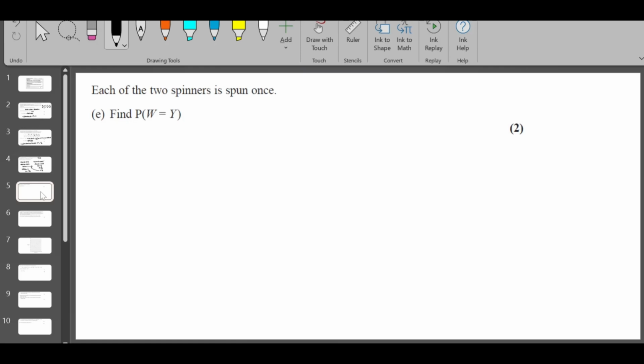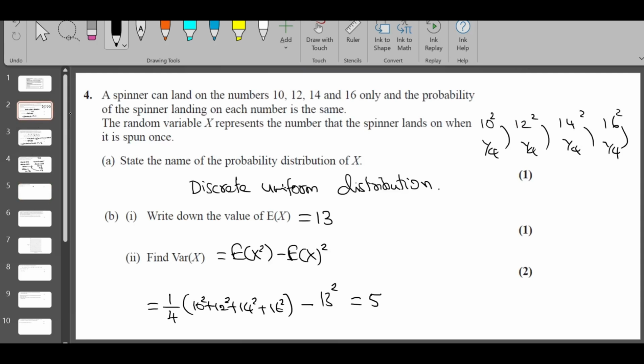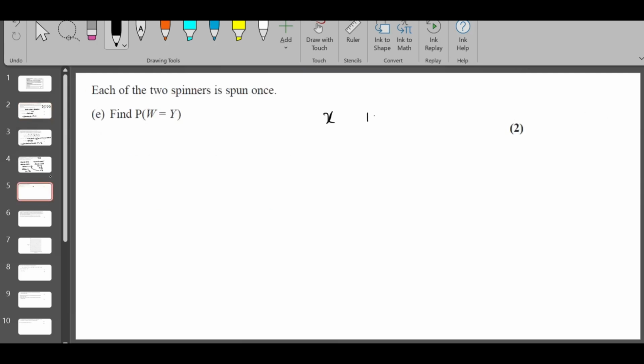Each of the two spinners is spun once. Find the probability where W is equal to Y. Okay. First, what are the values X takes? If you read the question from the beginning, X is 10, 12, 14, 16. We know W is equal to AX plus B, right?